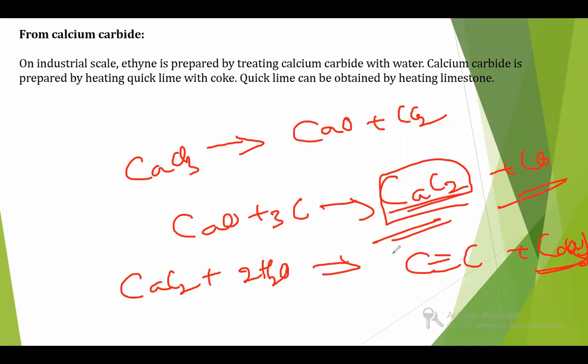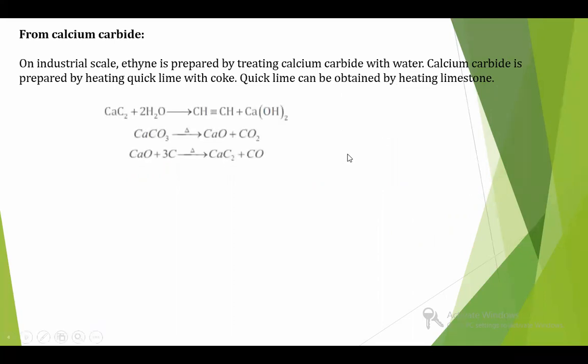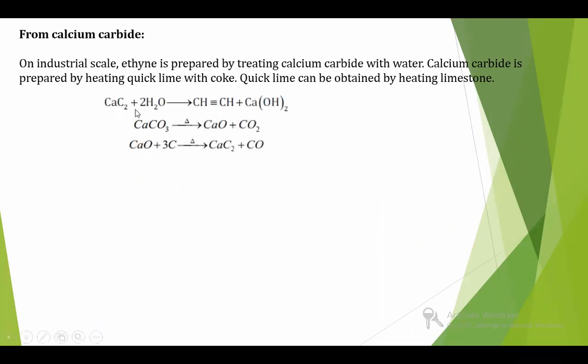Calcium carbide is obtained by heating limestone. Limestone is calcium carbonate, CaCO3. So this is also recorded as preparation of alkyne from calcium carbide. In the equation, CaC2, calcium carbide, treated with water forms the carbon-carbon triple bonded alkyne along with calcium hydroxide.